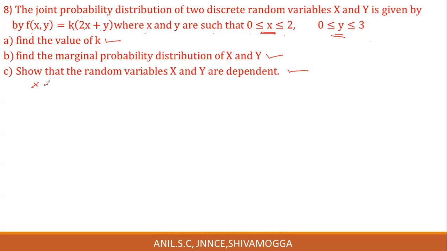Here, x is such that 0 less than or equal to x less than or equal to 2. That means x takes three values, 0, 1 and 2. Similarly, y is such that 0 less than or equal to y less than or equal to 3. That means y takes 4 values in fact. Y is equal to 0, 1, 2, 3.